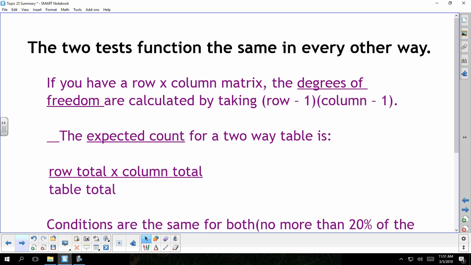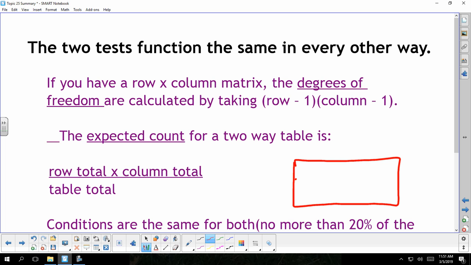Let me give you a quick example. Let's say I have a very small matrix, and let's say we have 17.